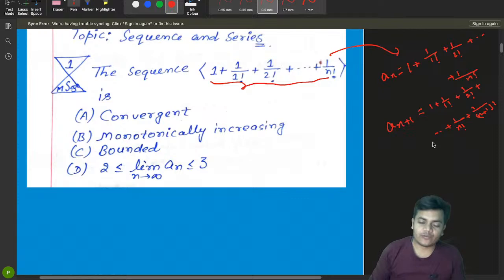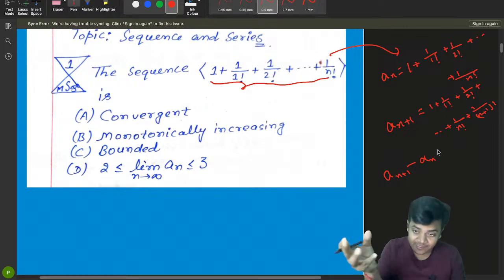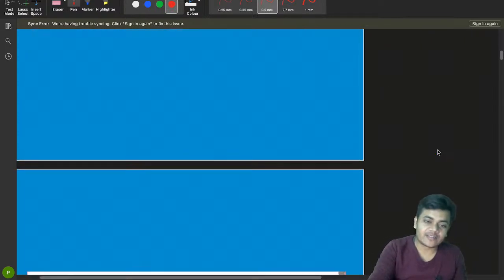If we really want to see whether it is monotonically increasing or decreasing, then we will find an plus 1 minus an. If this is greater than 0, then an plus 1 will be greater than an, and it will imply something. If this is less than 0, then it will imply something else. So let's see what is going to happen.